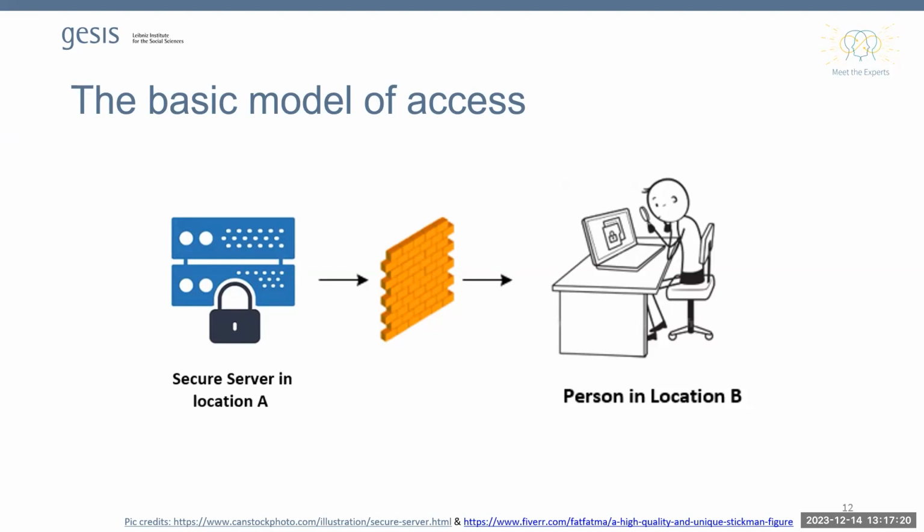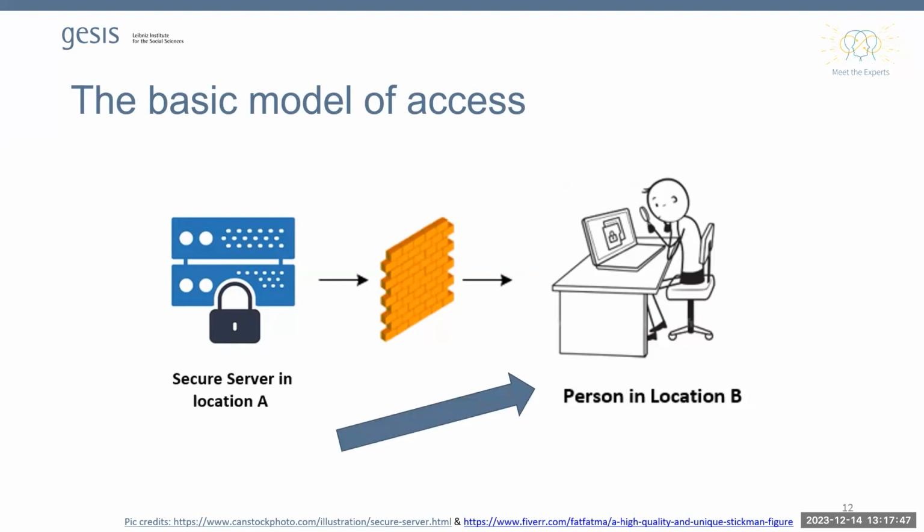So for the secure data center, all of the data is stored on the secure servers within GESIS. And then through secure VPNs, a person in some other location is able to log in to our servers and access their project areas. Now, this is a very basic model, as you can see.